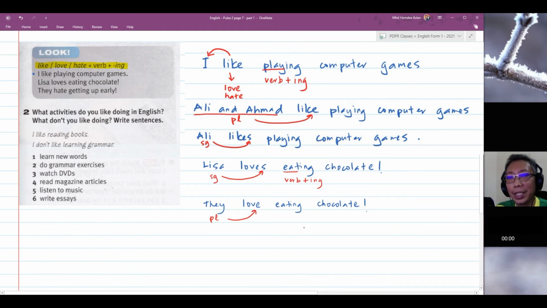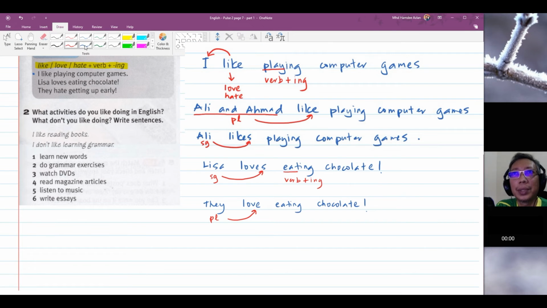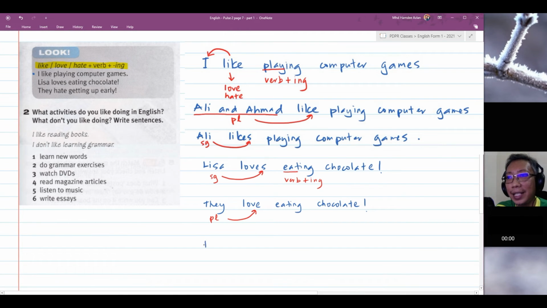They love eating chocolate. Similar to the third example, they hate getting up early. They hate getting up early.